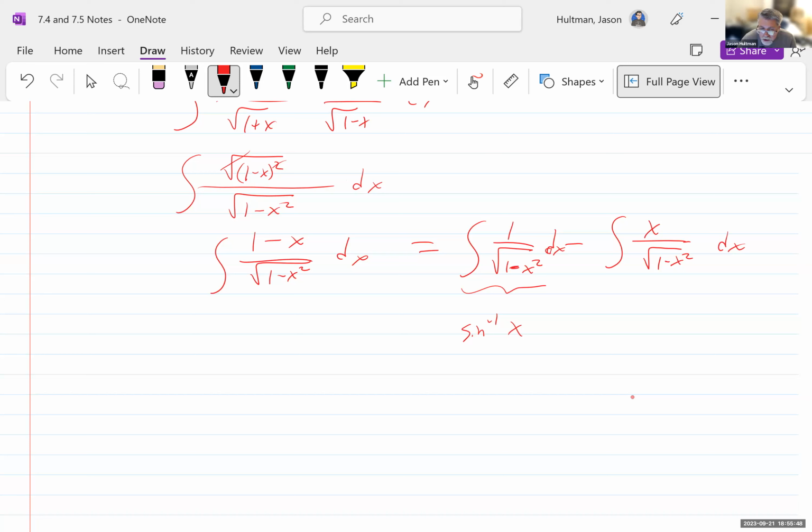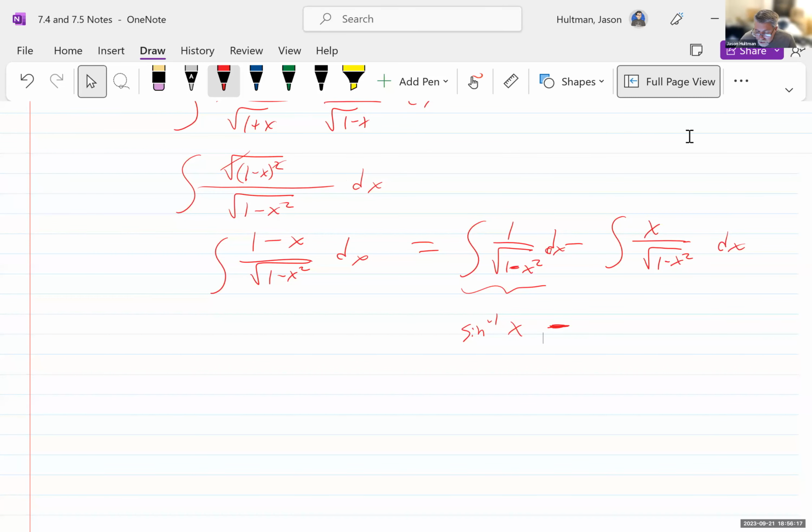That is the definition of the derivative of inverse sine. The other one here, we're going to do a what? U sub. Yeah, U sub. Thank you, Mai. We don't do trig sub because we could, although it's overkill.